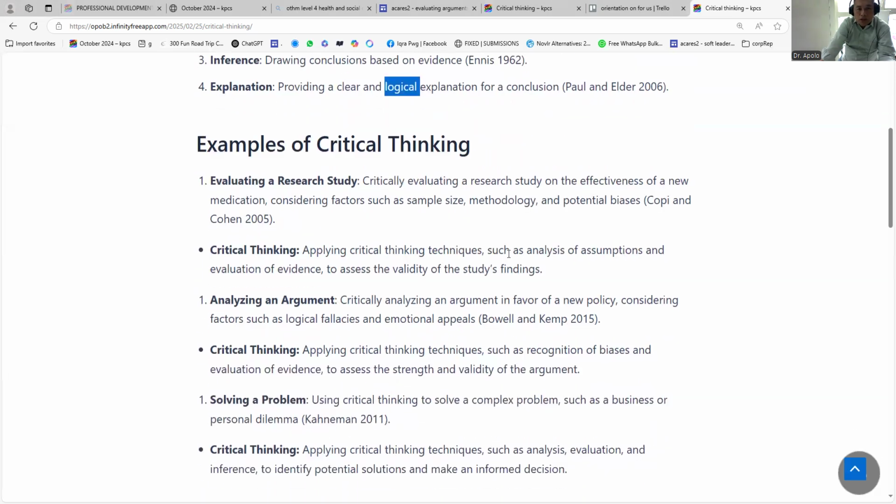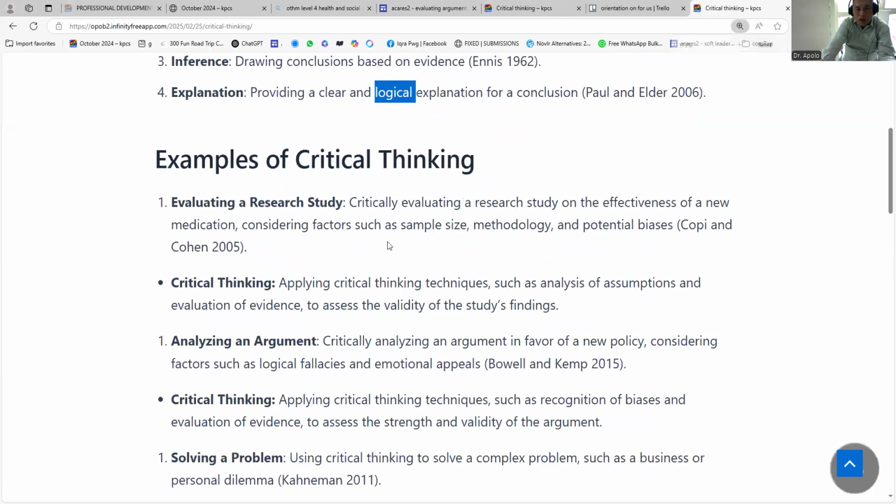So examples of critical thinking: evaluating a research study. For example, critically evaluating a research study on the effectiveness of a new medication, considering factors such as sample size, methodology, and potential biases. So the critical thinking there is applying techniques such as analysis of assumptions, because there are always assumptions and beliefs that are the controlling variable in the analysis.